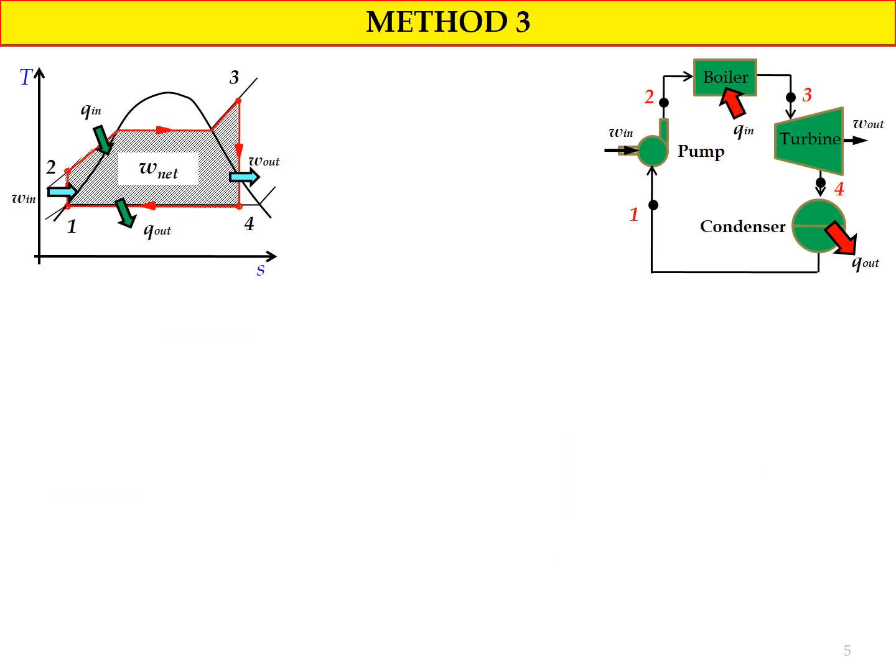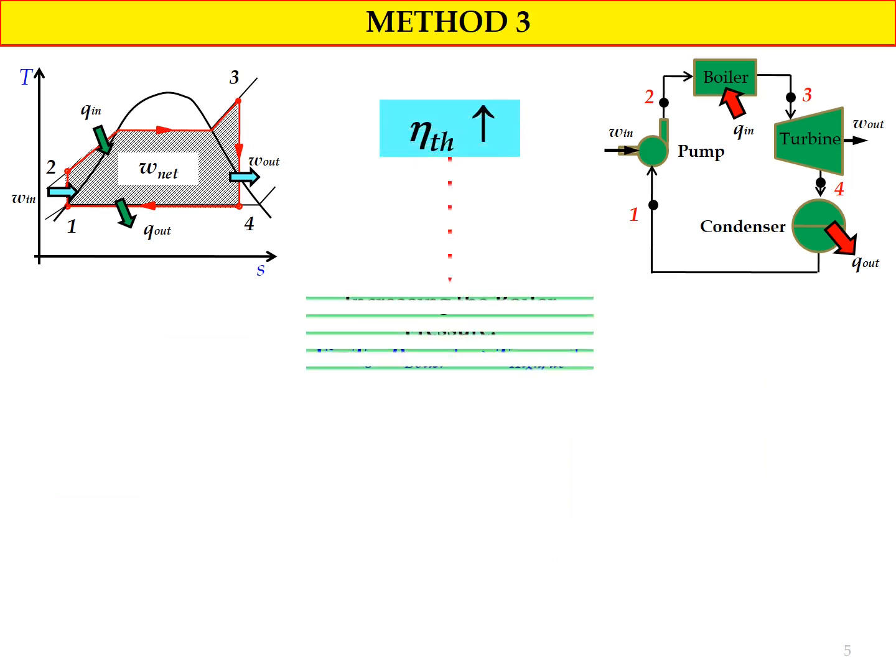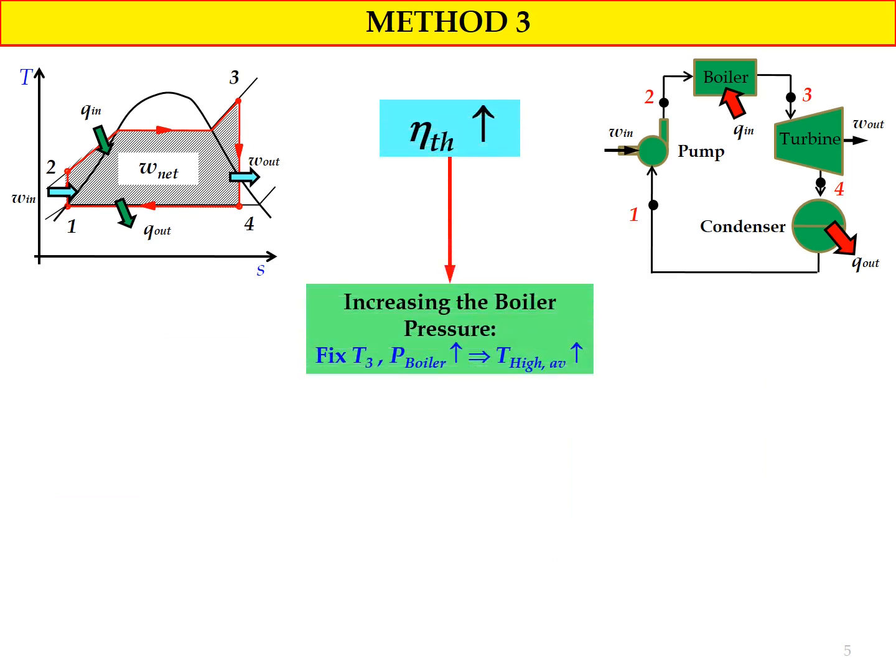Method number 3, to increase the efficiency of the Rankine cycle, we can also increase the boiler pressure. However, for this condition, because we already know that for method number 2 the value of T3 cannot exceed a certain value, which is referred to as the maximum temperature for the turbine blade, before we increase the boiler pressure, we need to fix the temperature of T3, the temperature at the outlet of the boiler or the inlet of the turbine.